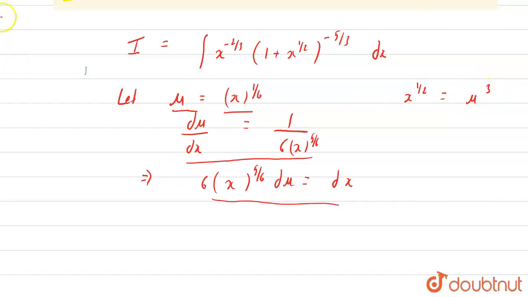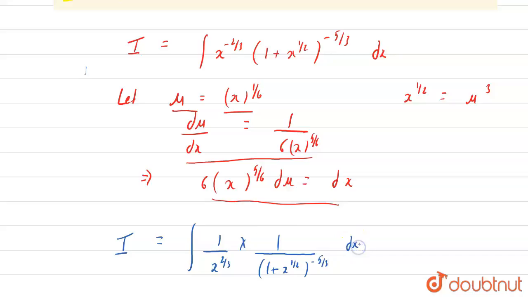So now for substitution, first we write our integration in simpler form. I equals, since this is a negative power, it becomes positive in the denominator: 1 by s to the power 2 by 3, multiplied by (1 plus s to the power 1 by 2) to the power minus 5 by 3, ds.